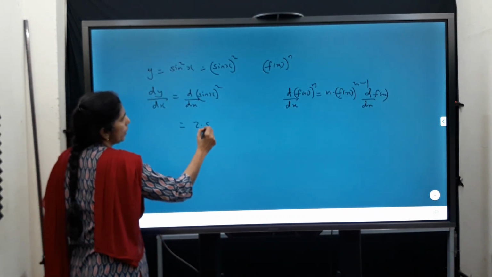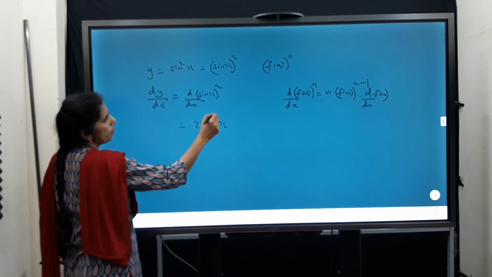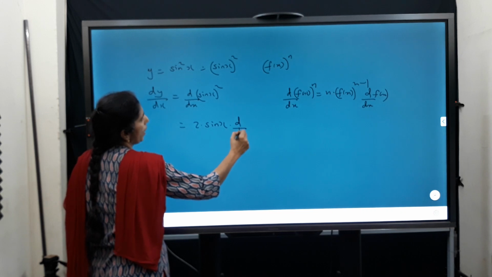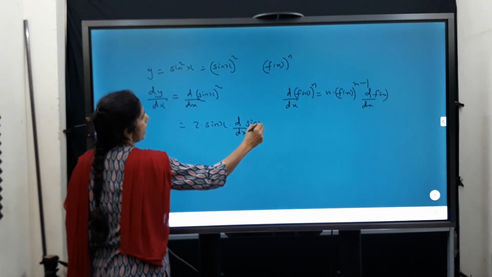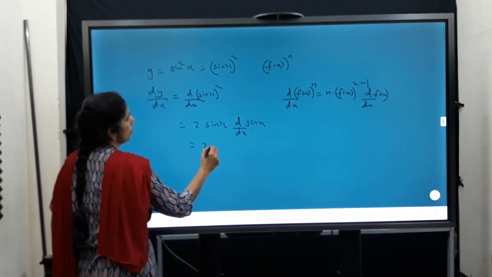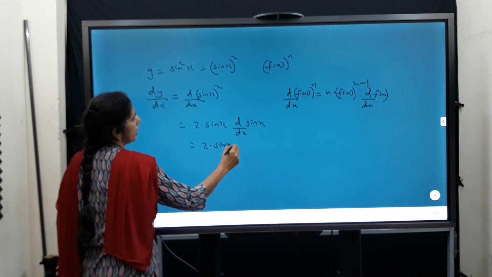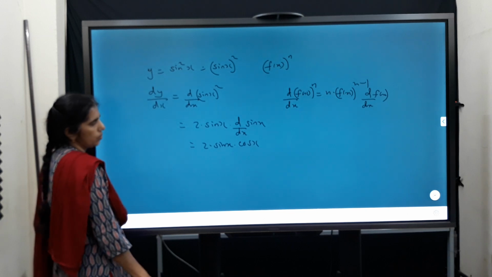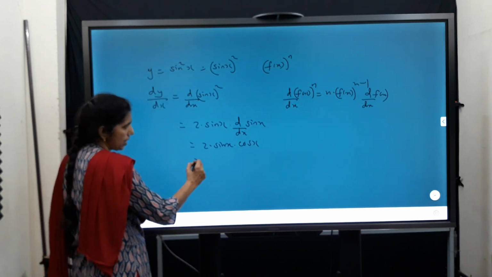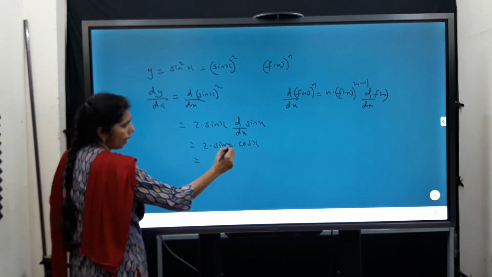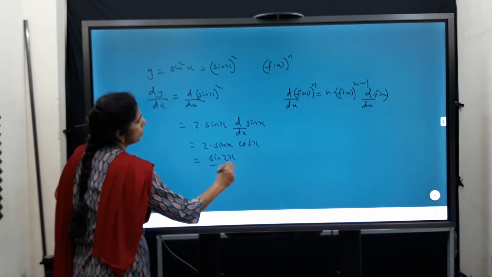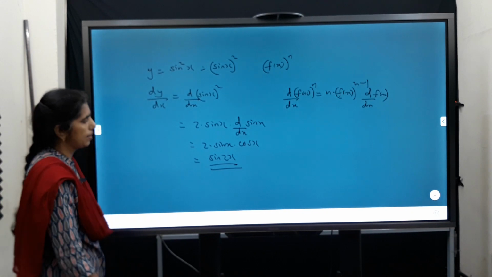So it is 2 into (sine x) raised to 2 minus 1, that is sine x raised to 1, into d by dx of sine x. That is equal to 2 into sine x into the derivative of sine x, which is cos x. So it is 2 sine x cos x. If you use the trigonometric formula, you know that 2 sine x cos x equals sine 2x.